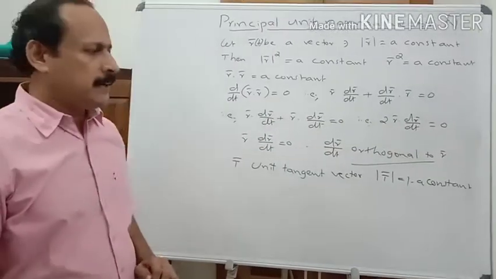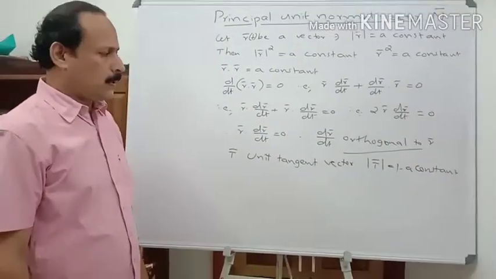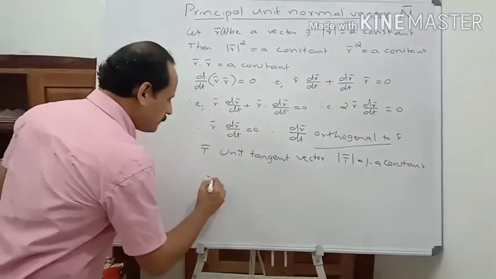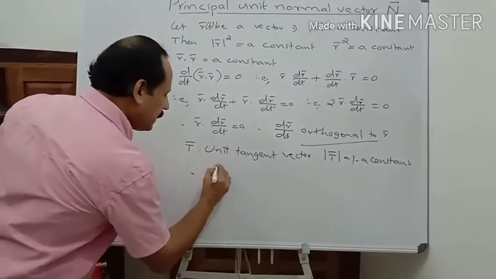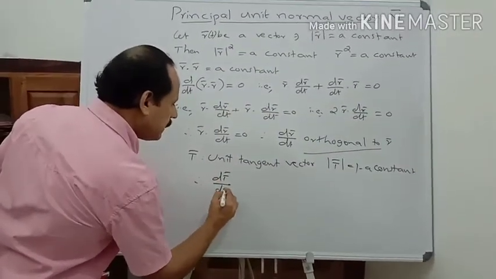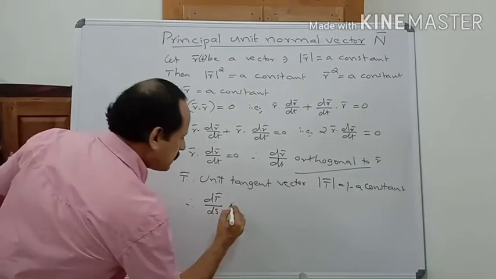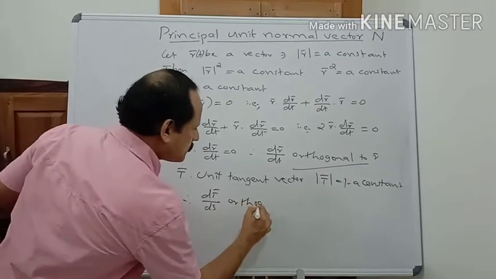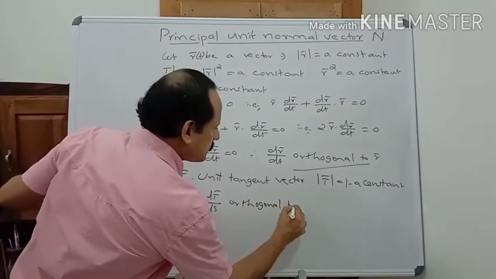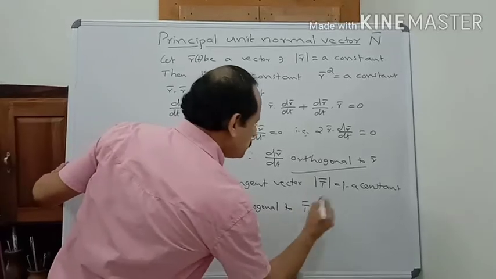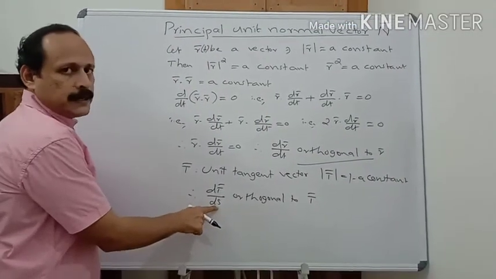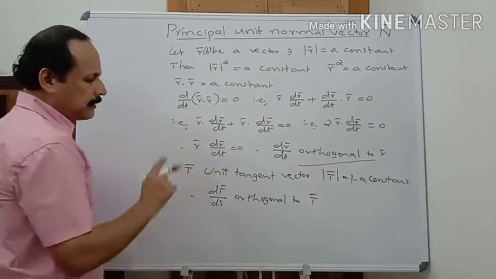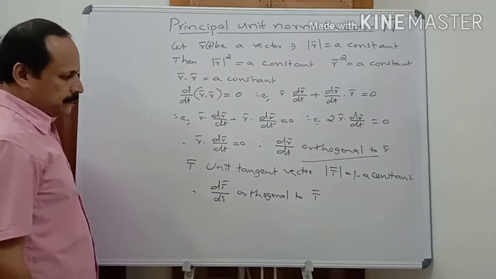T bar is a vector having constant modulus. Therefore, by this result, dt bar by ds is orthogonal to t bar. Note that here we take the derivative with respect to the arc length parameter s.